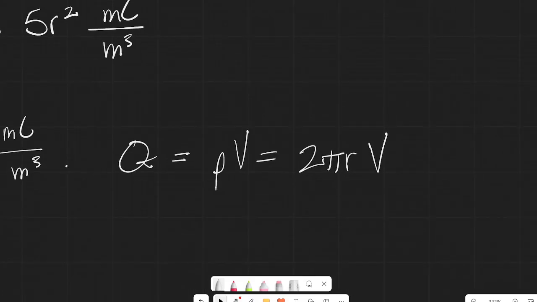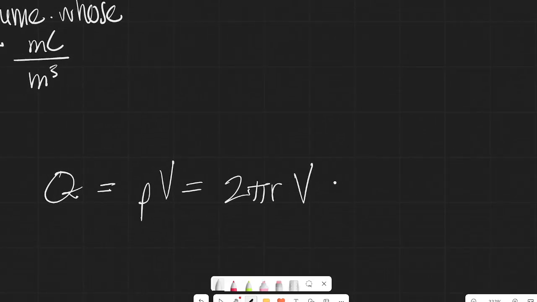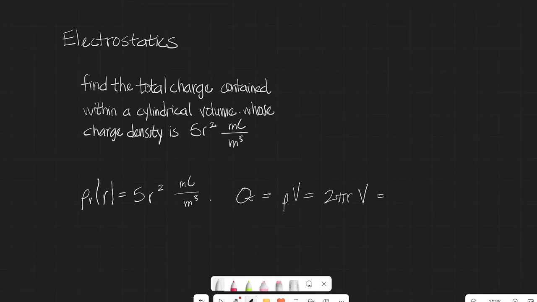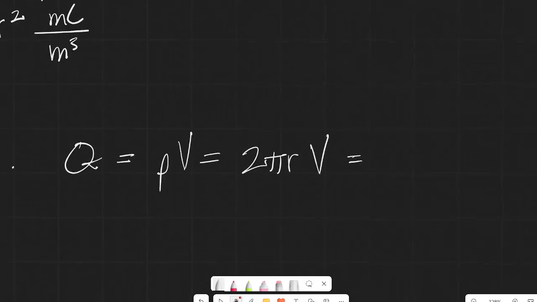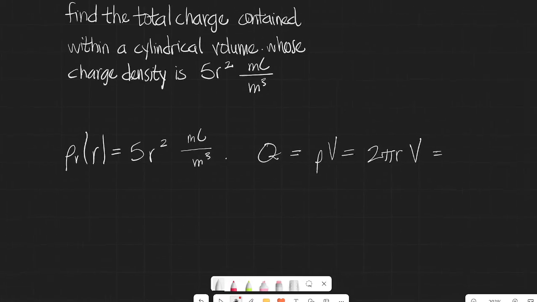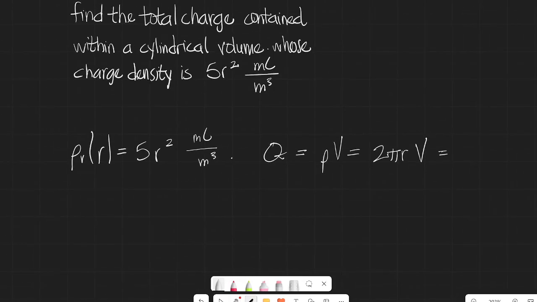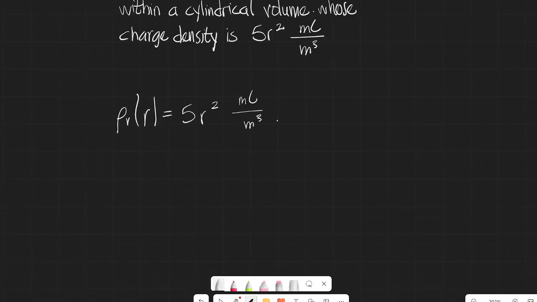That would give us the total charge inside the cylinder if it was all uniformly distributed in a homogeneous way. But it's not. It's distributed as described by this 5r squared function.